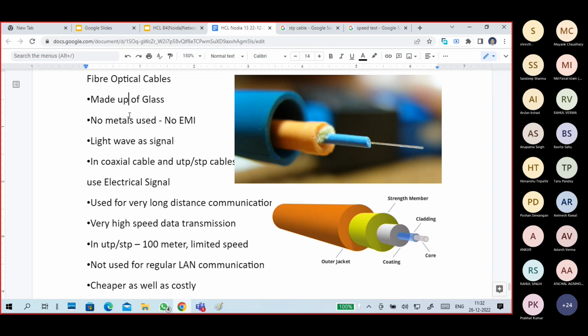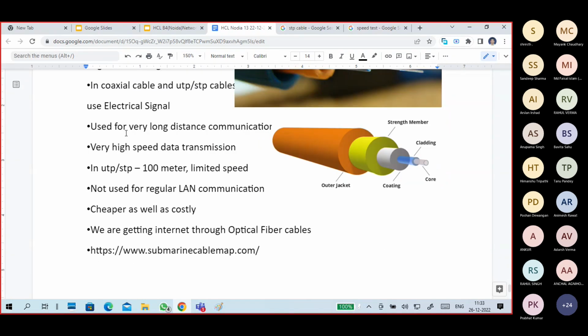But in fiber optic cable, we use light wave as the signal. We use fiber optical cable for very long distance communication and very high speed data transmission, like 10 Gbps kind of data transmission.